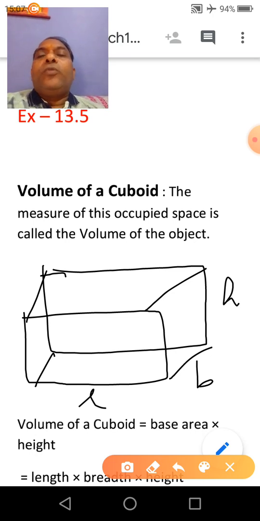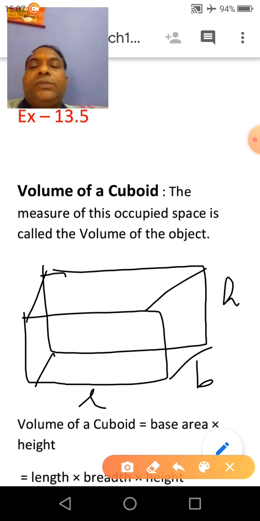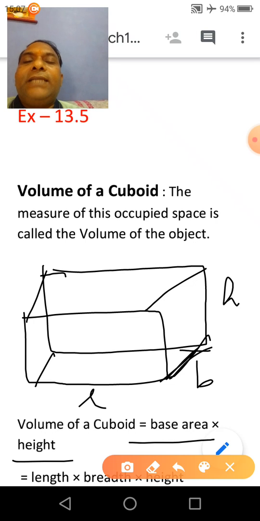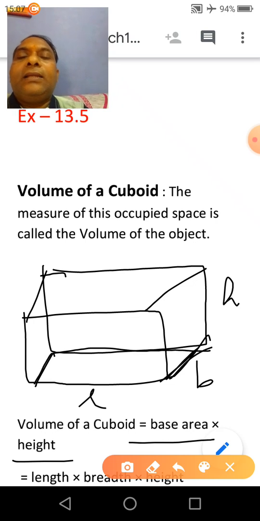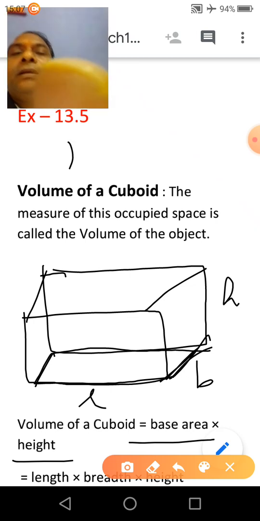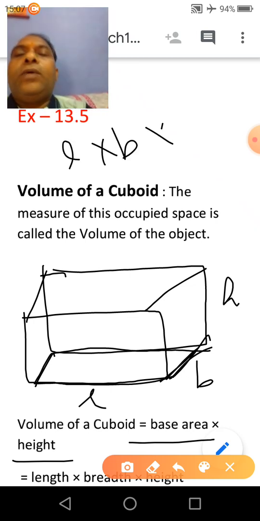So volume of a cuboid: the measure of the space occupied by the object is called its volume. Volume of cuboid is equal to base area into height. Its base is a rectangle of length L and breadth B, so base area is length into breadth, L into B, into height.